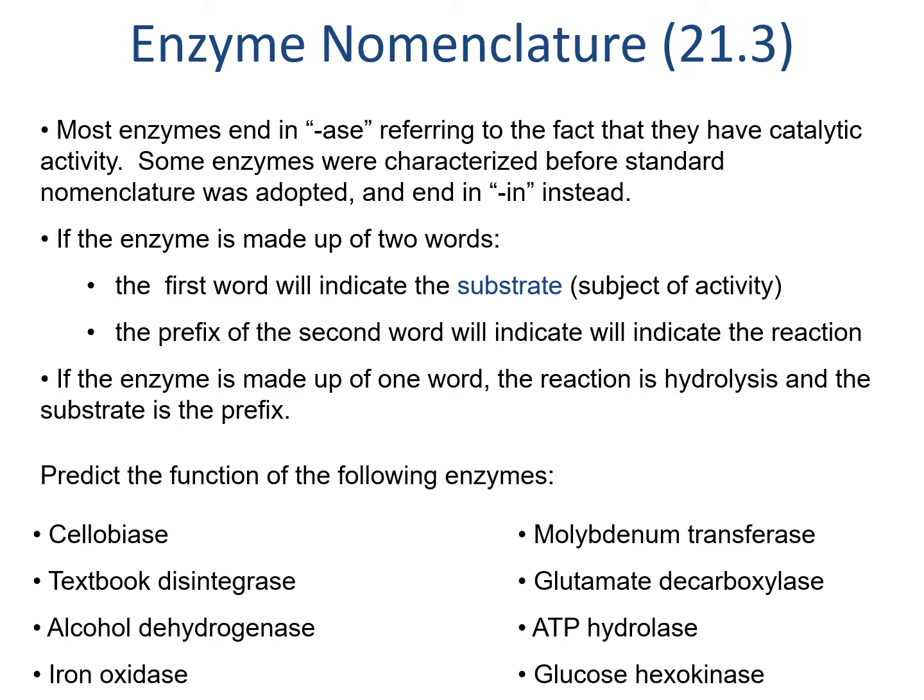This works whether or not the enzyme is something you know, or something completely unique. So for example, textbook disintegrase, the reaction would be a disintegration. It might disintegrate your textbook. We don't actually need to know anything about the enzyme to know what its function is. We only need to know its name.